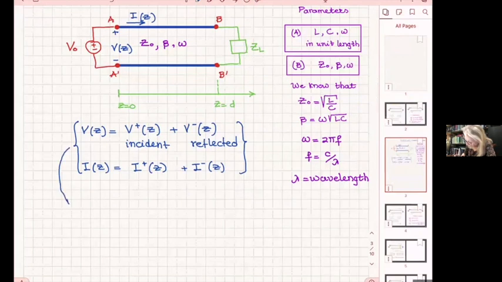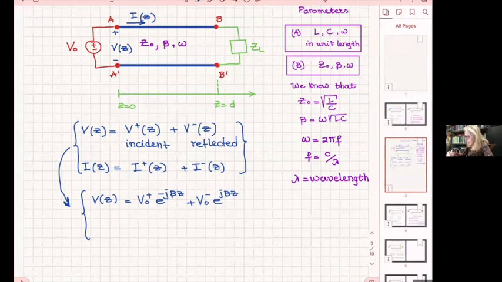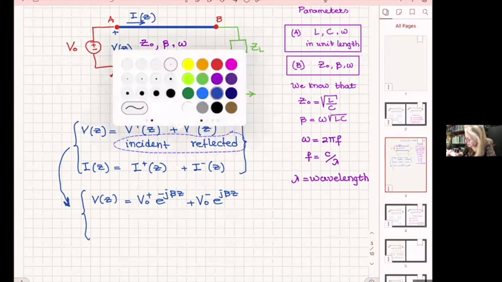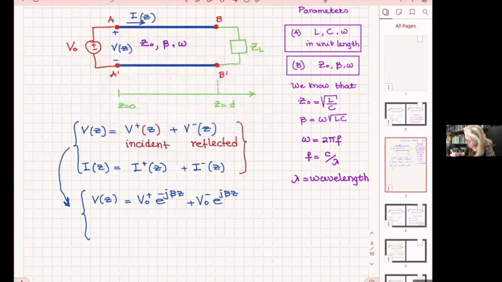So this goes here, and I write it as V of Z equals V naught plus e to the minus j beta Z plus V naught minus e to the j beta Z. And again, this is incident and reflected. On the left are the incident, on the right are the reflected, so you remember all of them.